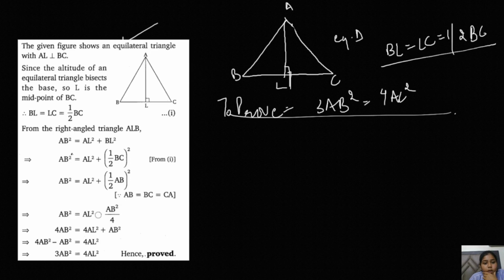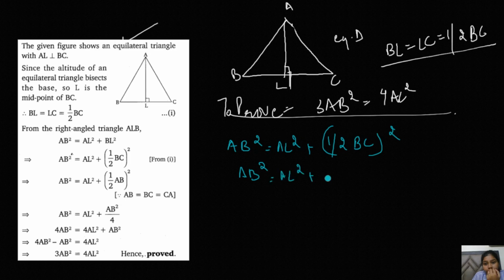What we'll do is just take the LCM. Let me just do it and you will get more clarity by this. So basically AB square is equal to AL square plus BL square, which we can write as half of BC whole square, and apart from BC we can write it as AB. Why can we write it as AB?